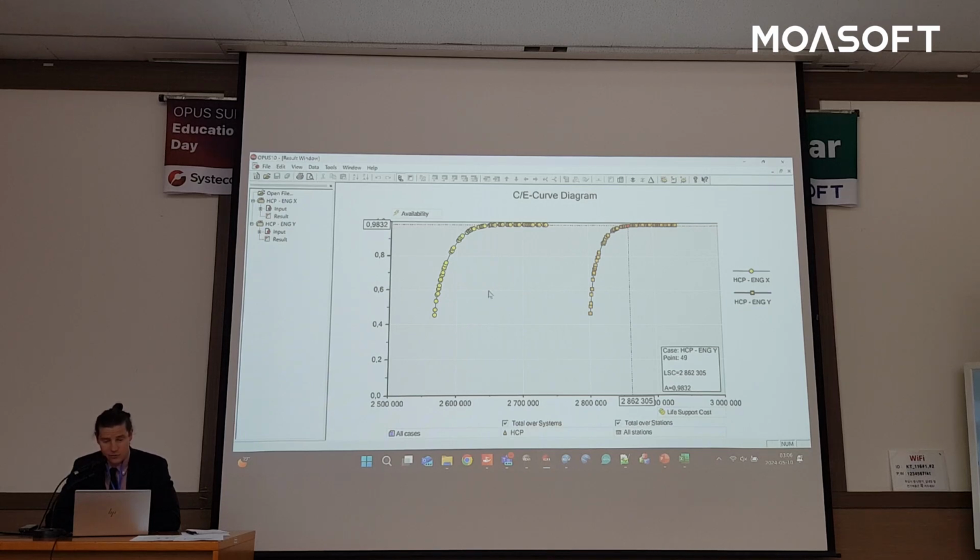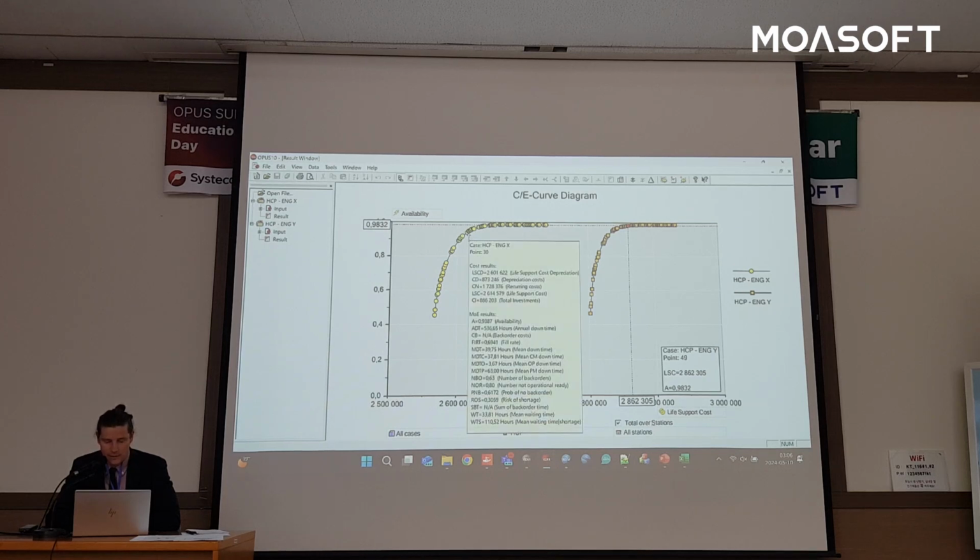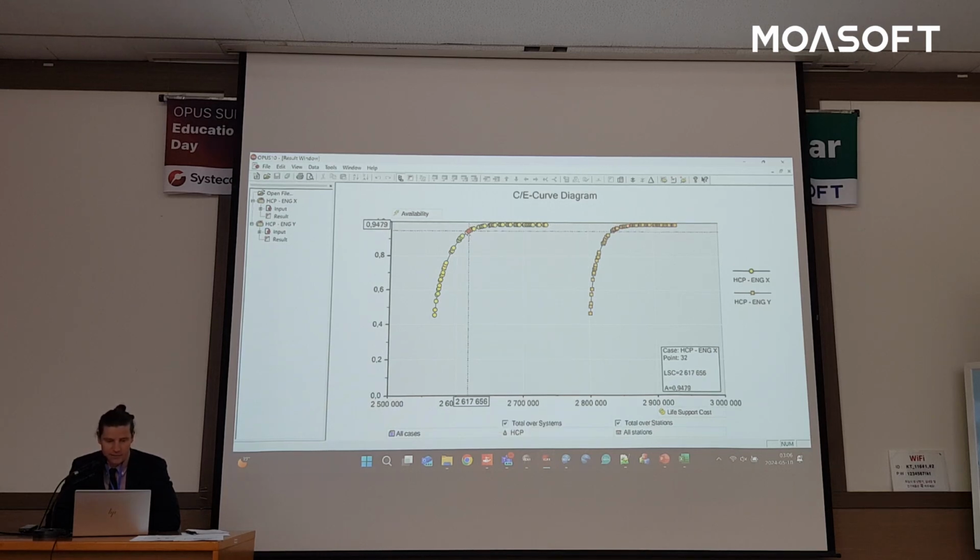Here from this view, it's kind of obvious that one of the alternatives is more cost effective than the other, right? So let's say we have some requirement of 95% availability for this helicopter engine.